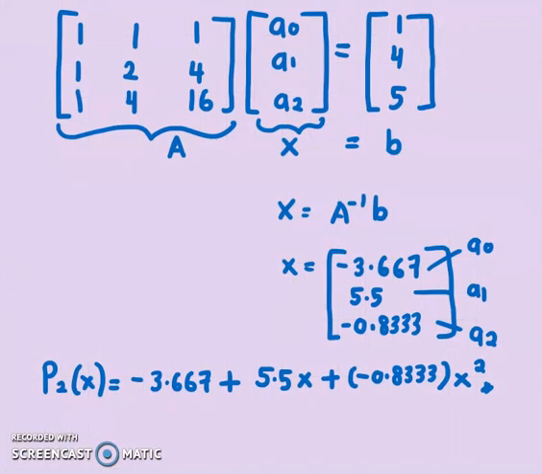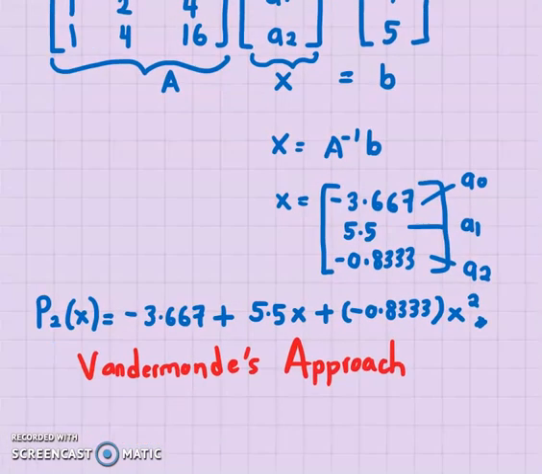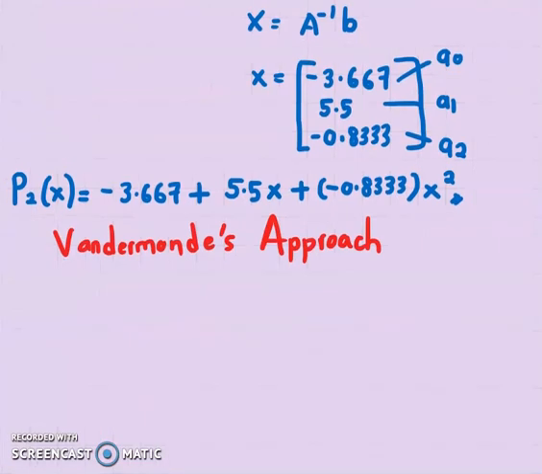It's interesting actually, because this approach is exactly the same as the one known as the Vandermonde approach. You can Google it or look at my lecture notes on page 199.